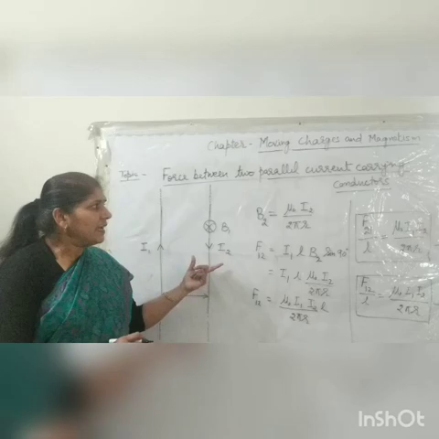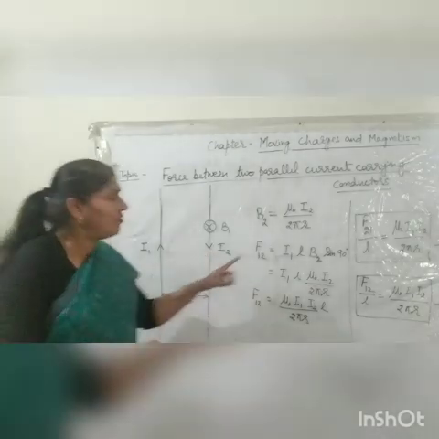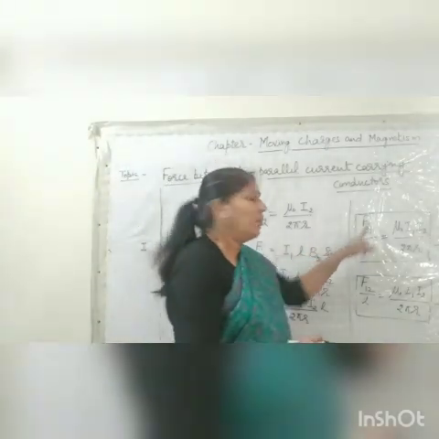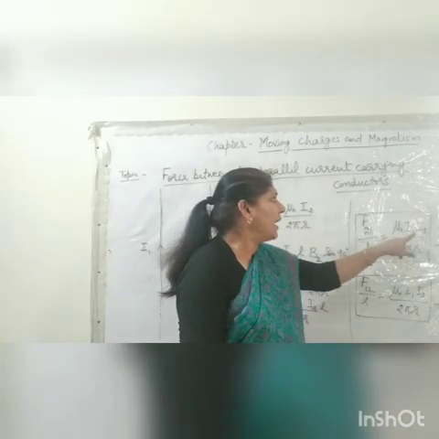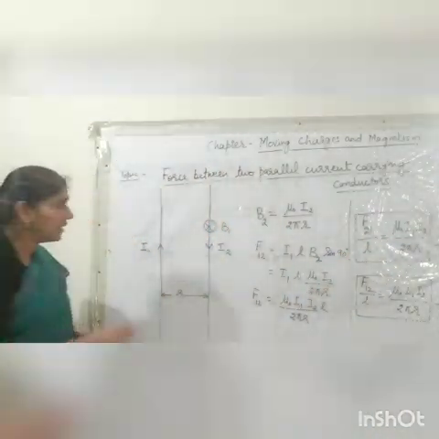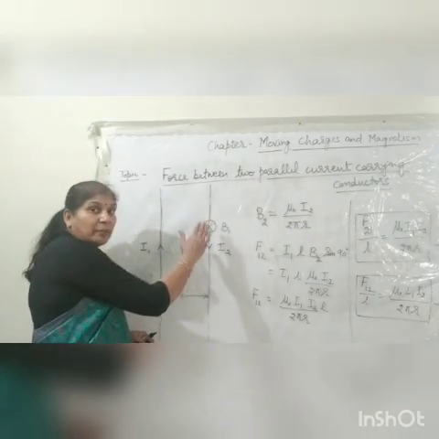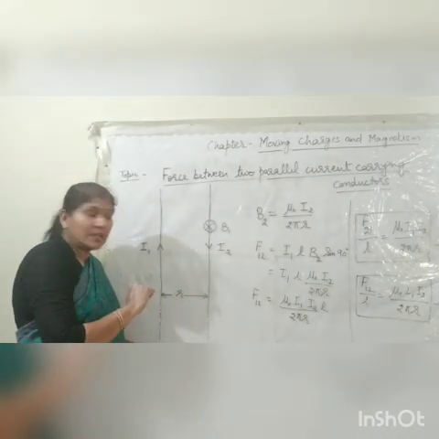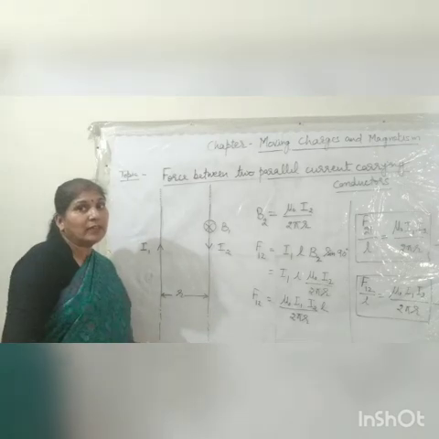Okay, so we get the same expression F21 per unit length, that is mu naught I1 I2 upon 2 pi r. But what will be the direction here? Now, magnetic field is inward and current is in downward direction.